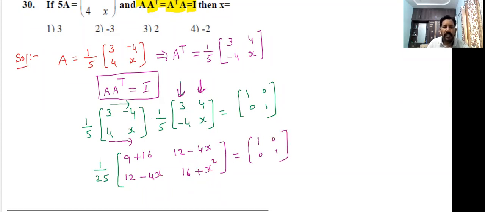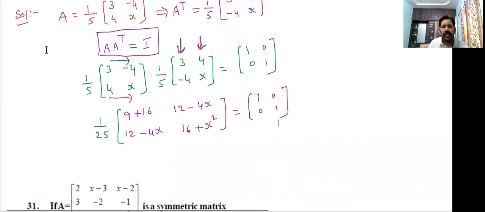Now equate the corresponding elements. So where do we want to equate, tell me. So equate these two, and don't forget 1 by 25. Okay. So 1 by 25 into 12 minus 4x is equal to how much? 0. 1 by 25 goes to the right hand side.